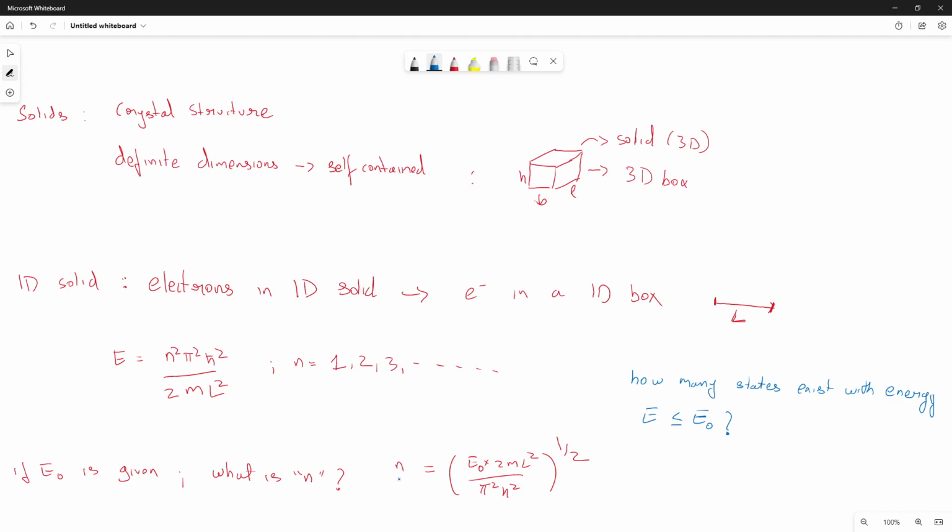If I find out N, now how many states exist with energy less than E naught? Let us say you solve this equation and find out that N equal to 3. Now tell me how many states exist with energy less than or equal to E naught.